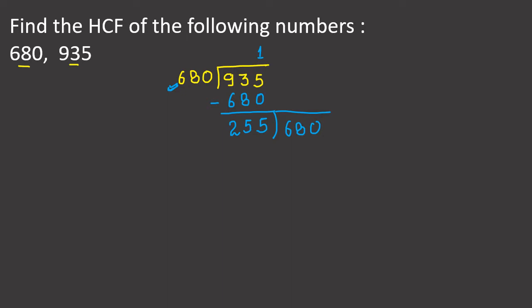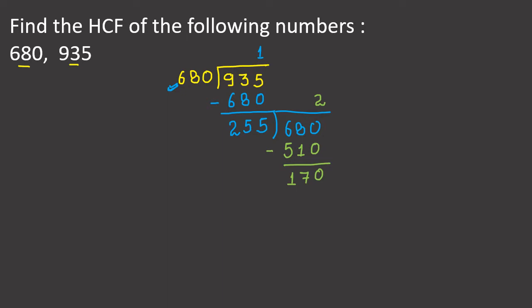So 255 twos are 510. Now subtract it, you will get 0, 7 and 1.